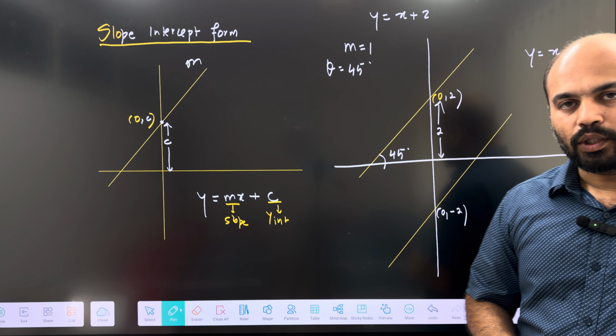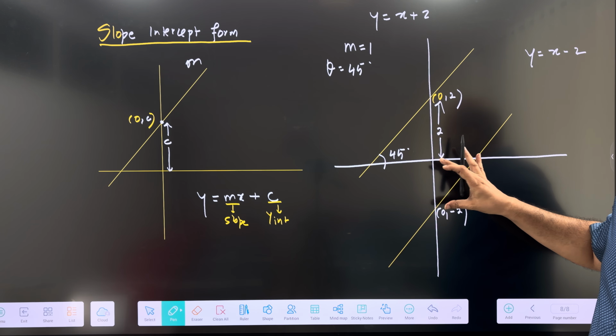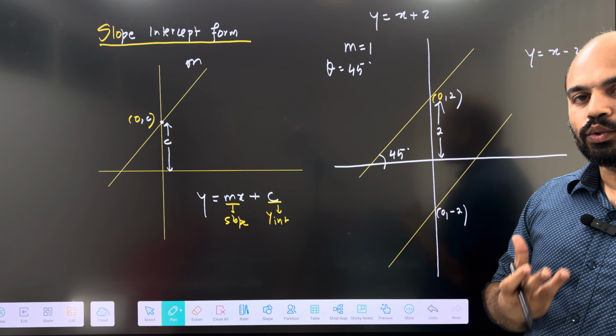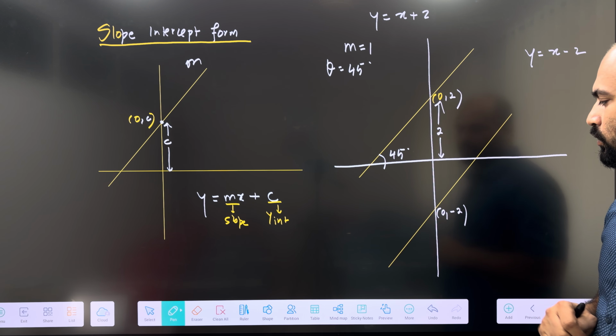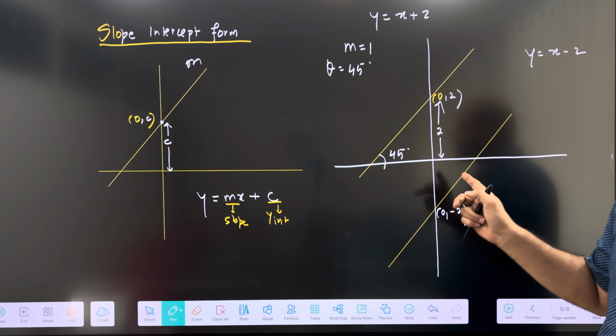This time the y-intercept of this line is going to be minus 2 because it's coming down. Of course, the magnitude of it is 2, but because it is down, the y-intercept is minus 2 and the slope remains the same.